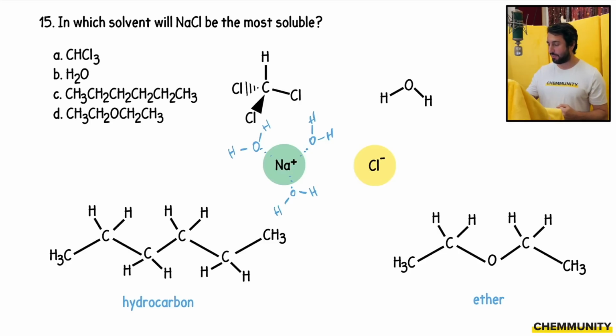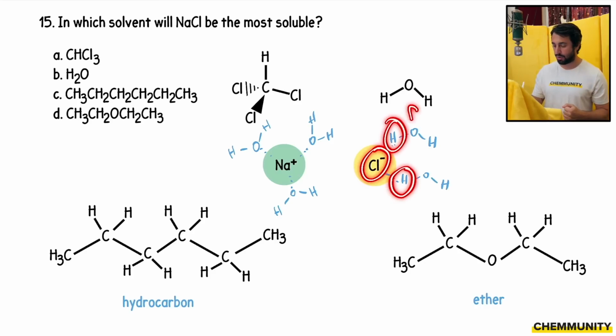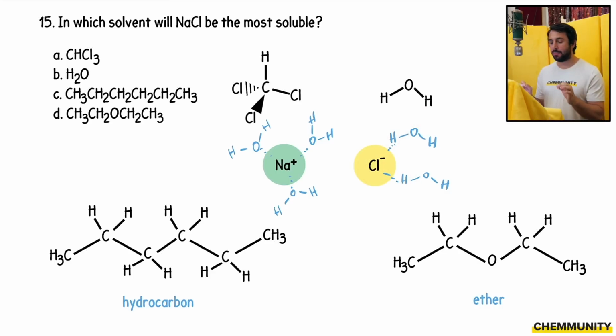And then the same can be said for the chloride ions, except it is going to be with the opposite end of the molecule. We will have all of these interactions between the Cl minus and the partial plus of the hydrogen. This is the case with water, and we're not going to be able to do that with any of these other solvents.